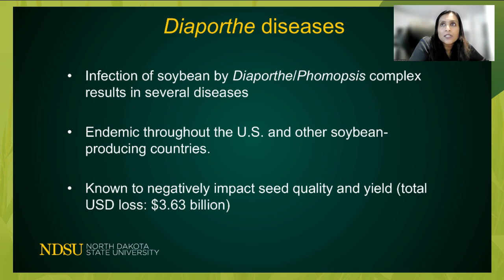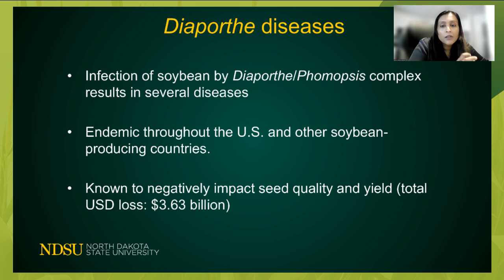So for instance, if it is infecting seed, then the disease is called seed decay. If it is infecting the stem, it was called either stem canker or stem blight. And as a result of how the diseases were named historically, we know today that there are several diseases. It's not one disease anymore, it's several diseases that Diaporthe can cause.